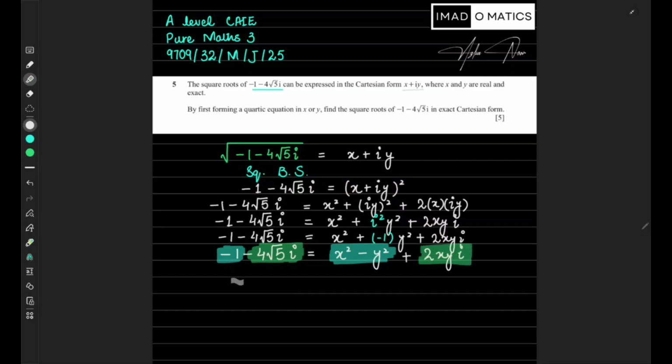So that will give you x square minus y square equals -1, and 2xy, you can take 2xy iota or just 2xy, equals -4 root 5.